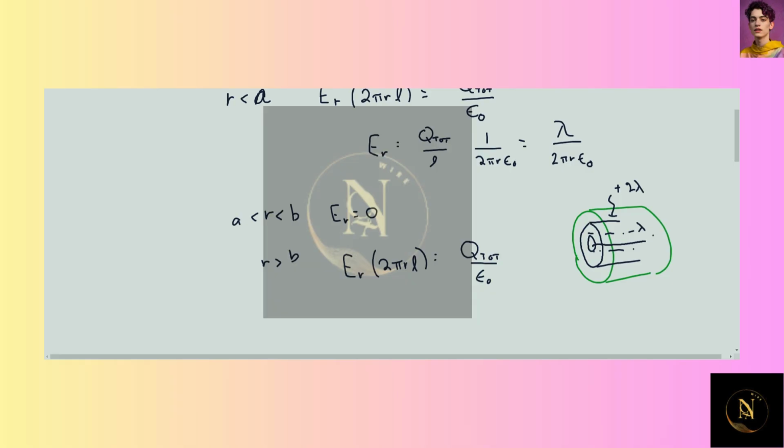And in the inner conductor, we have plus lambda. So we have to be a little bit careful. We've got 2 lambda times L, with the inner portion canceling. That makes sense because the electric field is 0 inside that conductor.